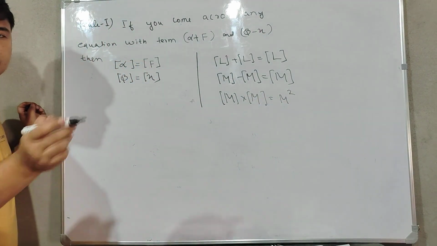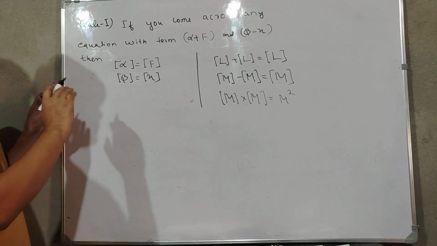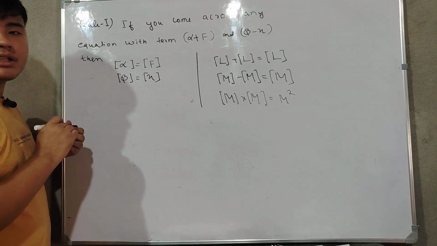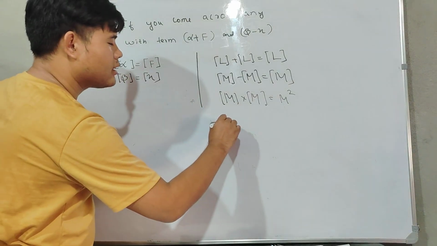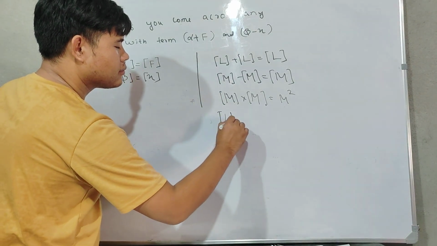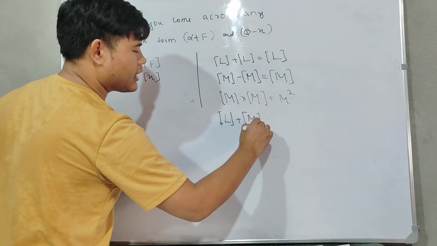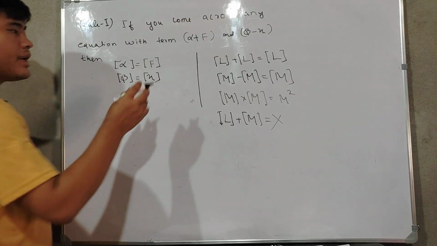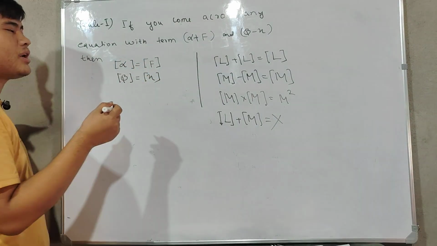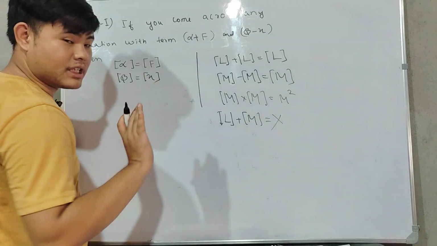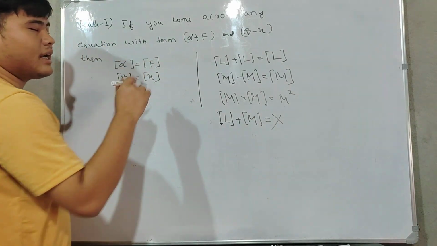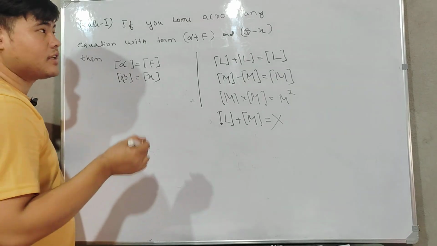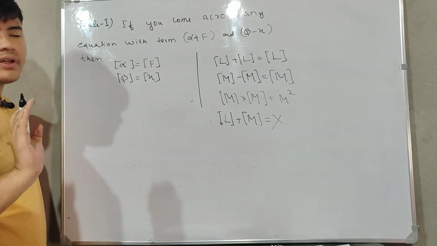Obviously, M into M will be M square, right? And you cannot add or subtract different dimensions, right? So L plus M is not correct. You cannot do this one. So whenever you come across any formula where there is addition or subtraction, then those added or subtracted terms will have the same dimension.